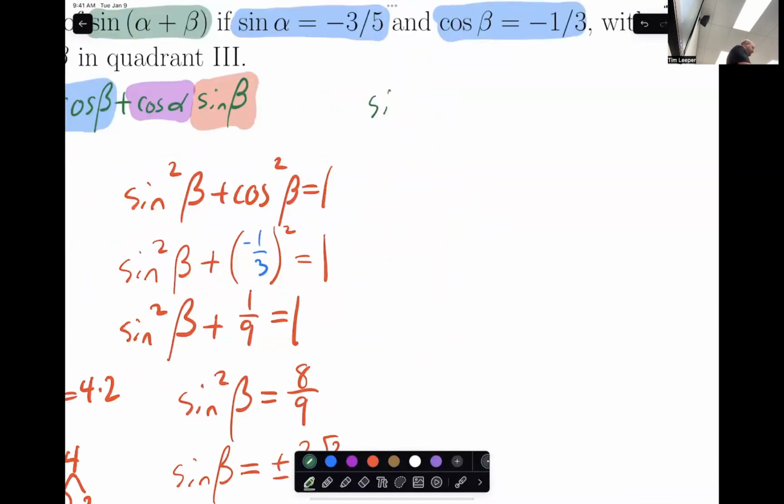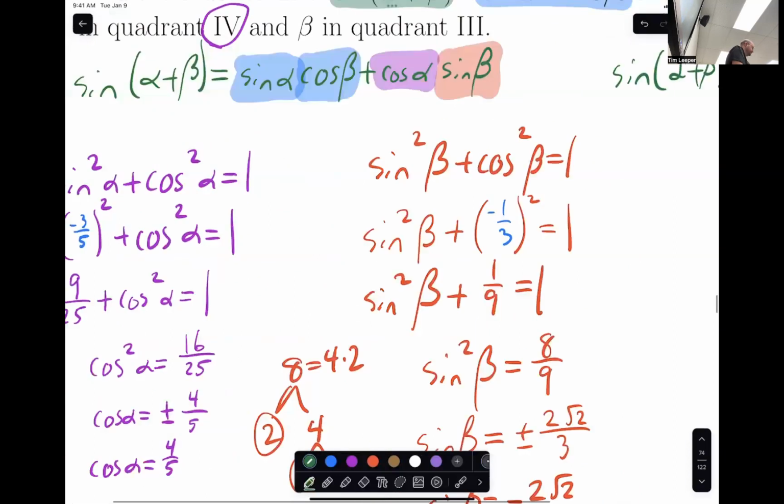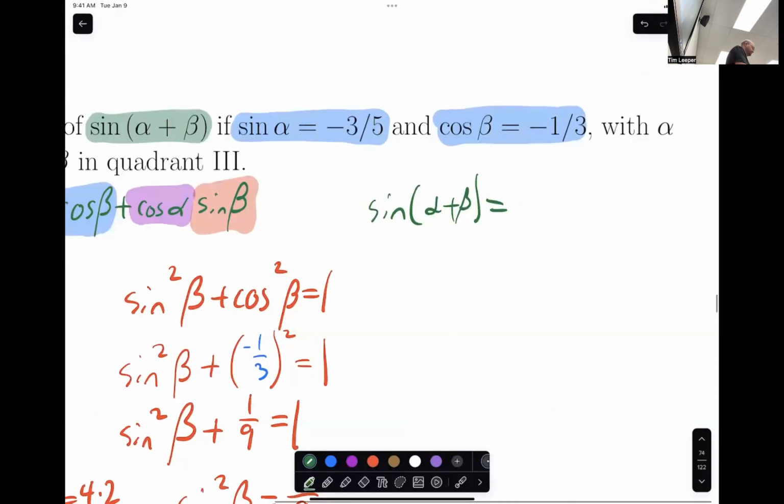So sine of alpha plus beta is equal to, well, it's sine alpha, and we know that sine alpha was negative 3/5 times cosine beta, and cosine beta was negative 1/3.